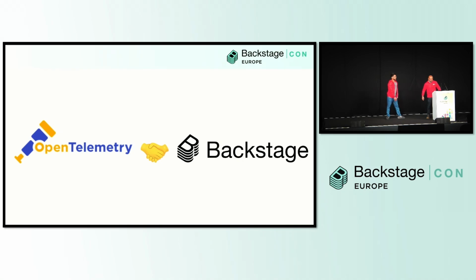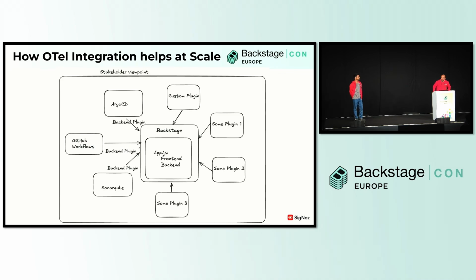So hi everyone. We are going to talk about how Backstage integrates OpenTelemetry to send telemetry data. Let's assume an example where we are running OpenTelemetry and Backstage at scale.